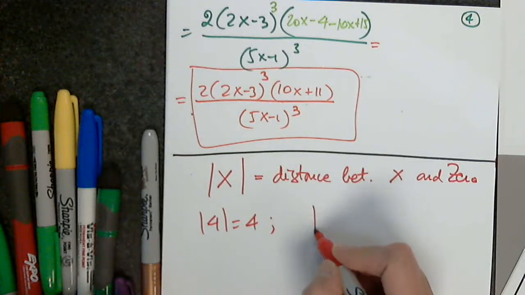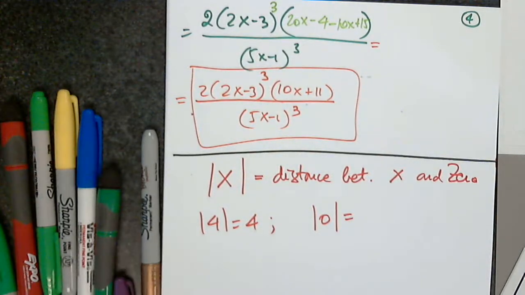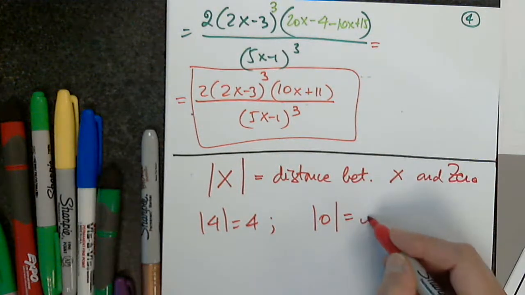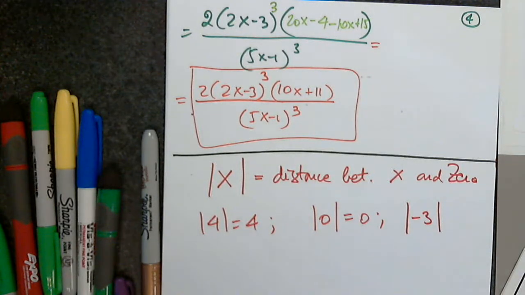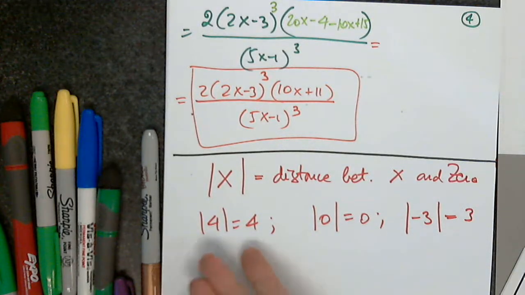If I'm asked to find the absolute value of 0, I will say 0. And let's say I'm asked to find the absolute value of -3, and I will have to say 3. Why? Because if 0 is here, -3 is found exactly 3 units away from 0. Why is the absolute value of 4 equal to 4? Because 4 will be found exactly 4 units away from 0. Clear?